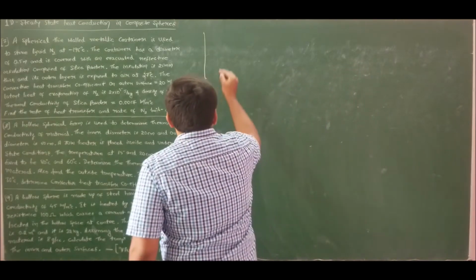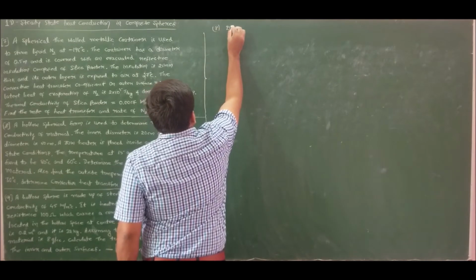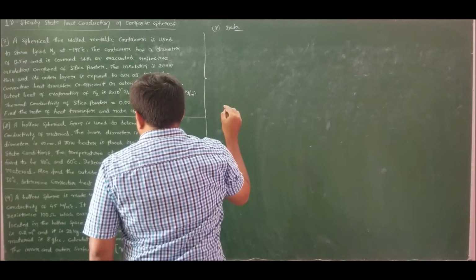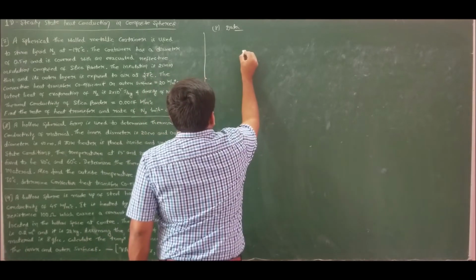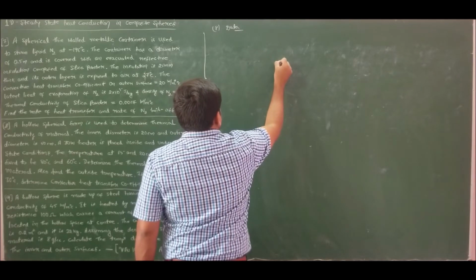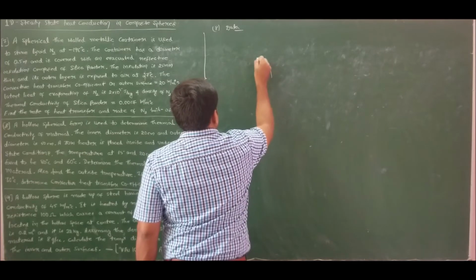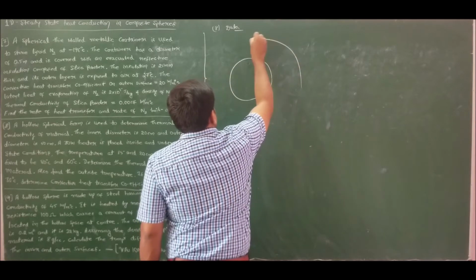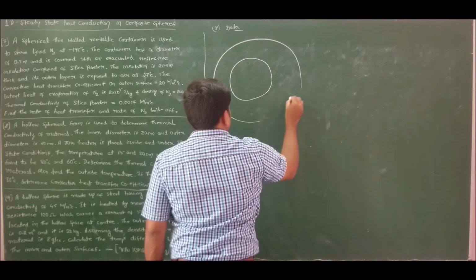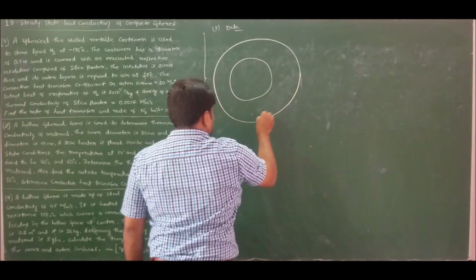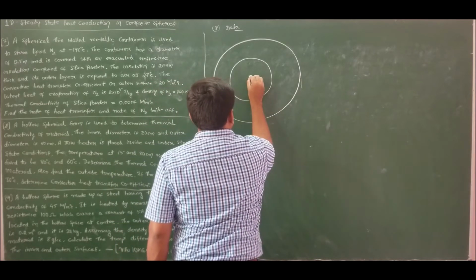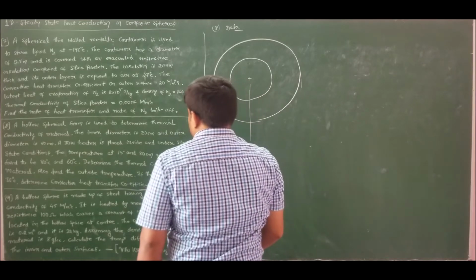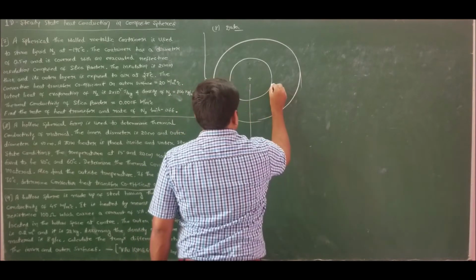So if I list out the data given for problem number 8, we have a hollow spherical form. So let me draw the hollow spherical form like this, and he has specified the diameters of this.